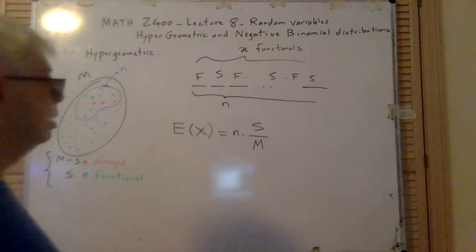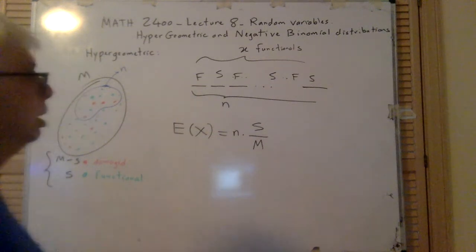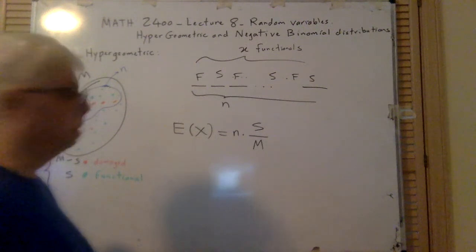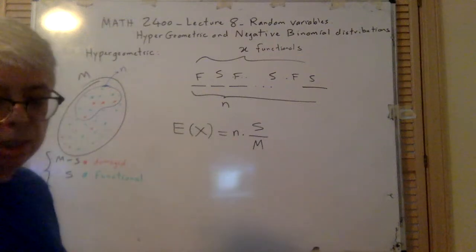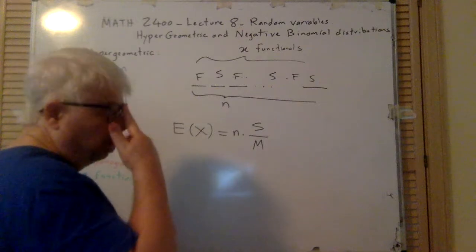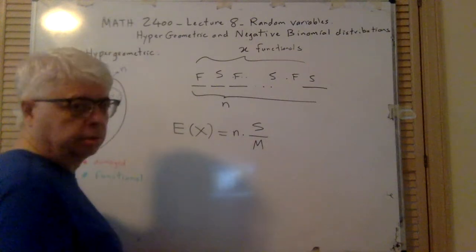But that is in fact the expected number of good ones that you choose in a sample of n. And you can see the sample of n is here. And S over m is basically the probability that one that you choose is good, right?